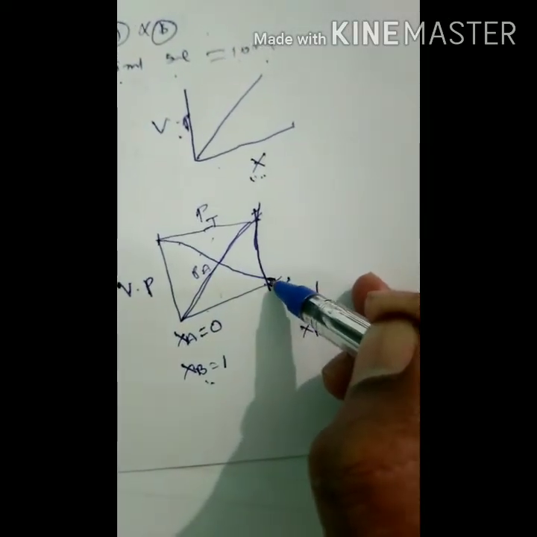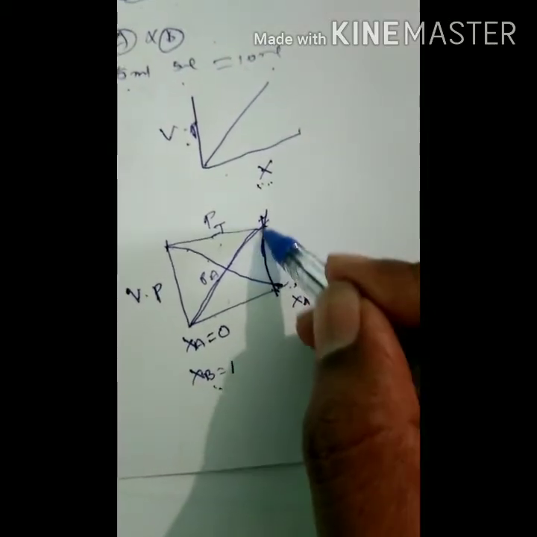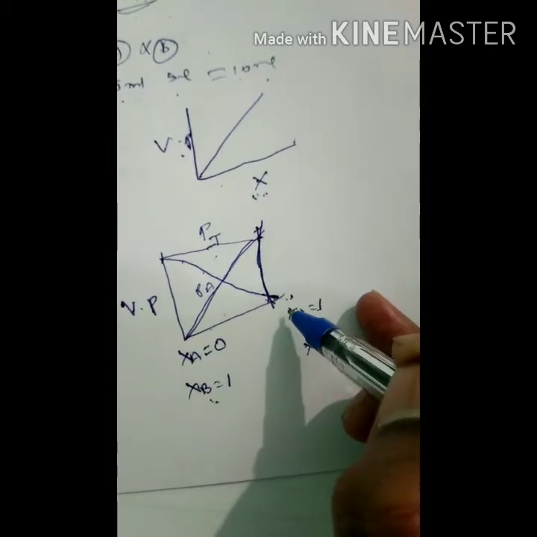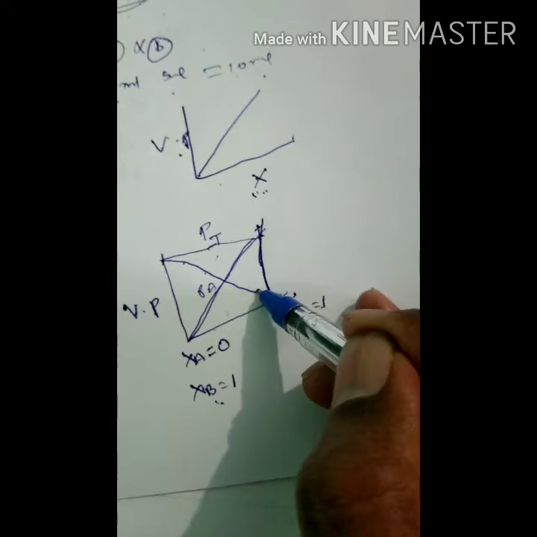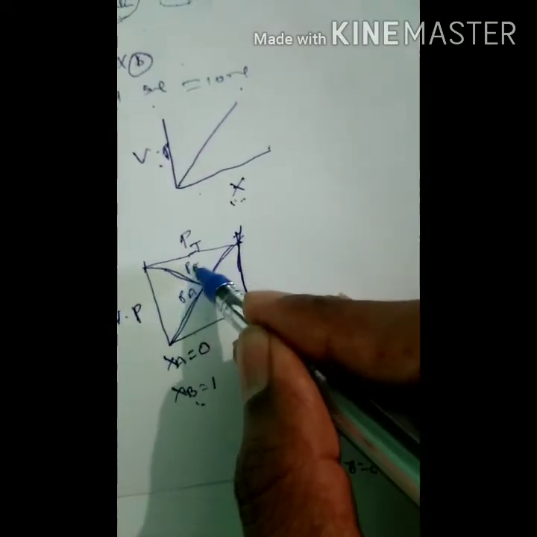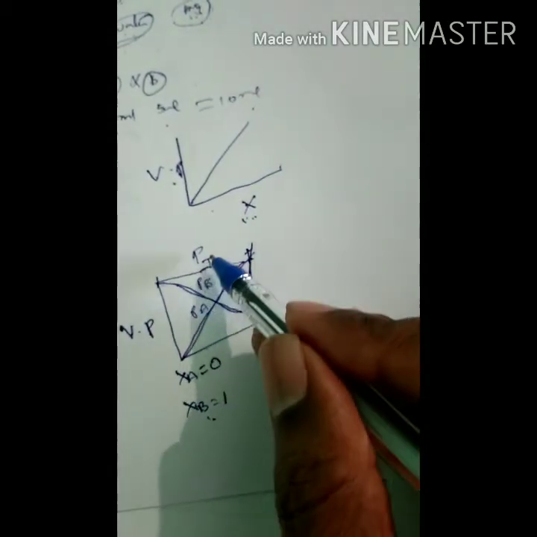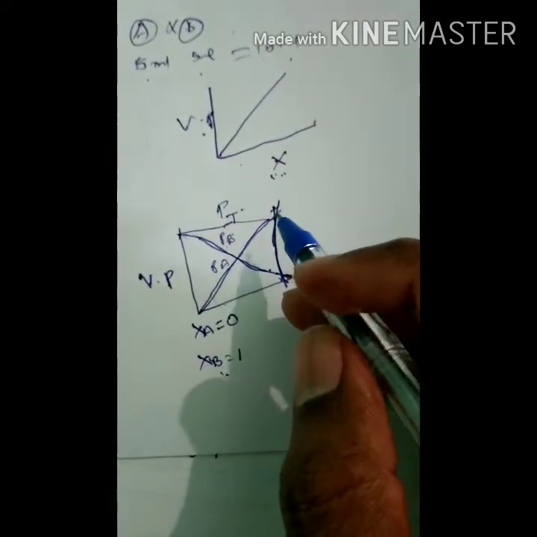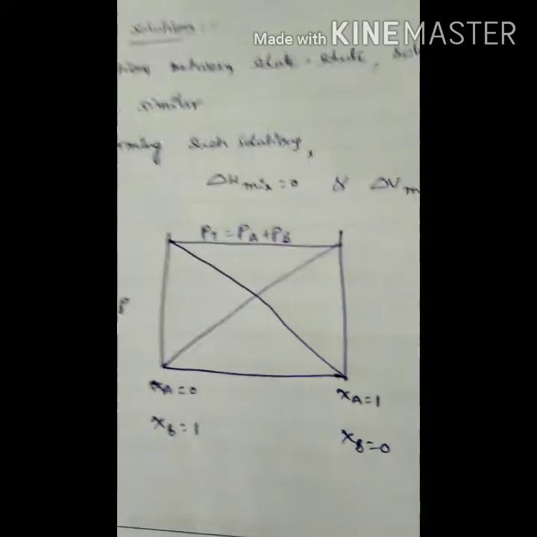From right to left, the mole fraction of B increases, so if mole fraction increases, vapor pressure also increases. So this line indicates the vapor pressure of B. When we join these two lines, that means PA plus PB equal to P total. So this graph belongs to an ideal solution. This is the actual graph.